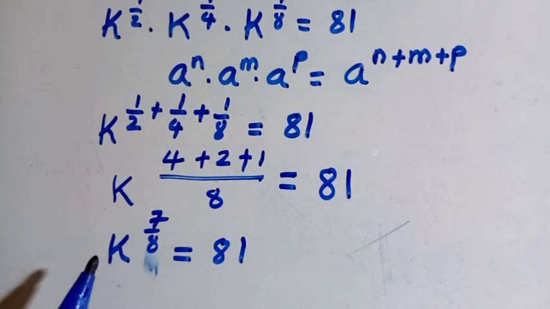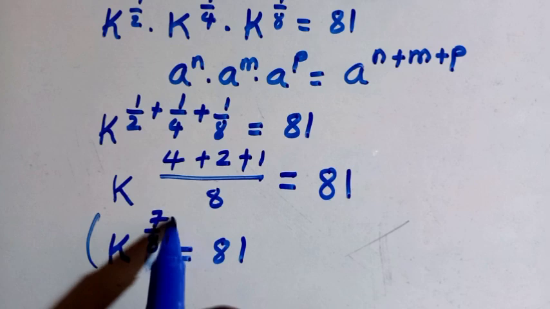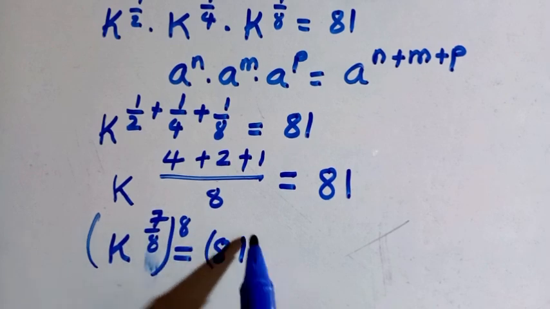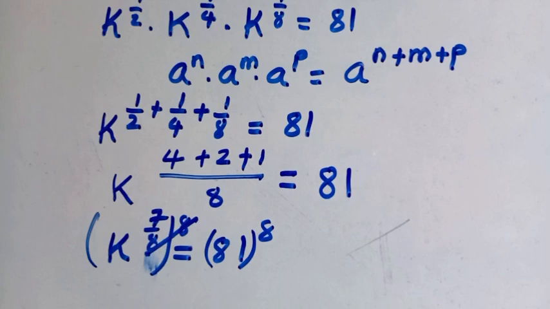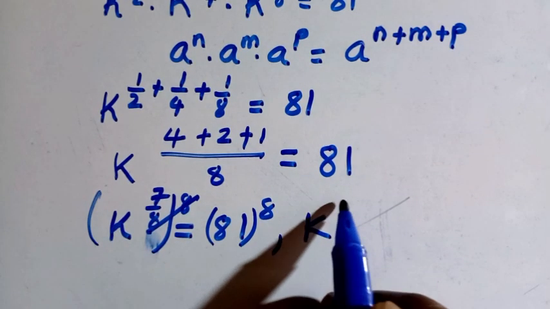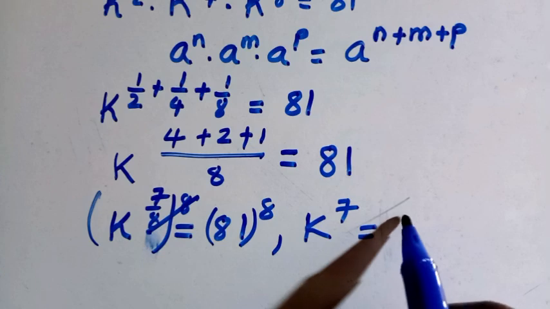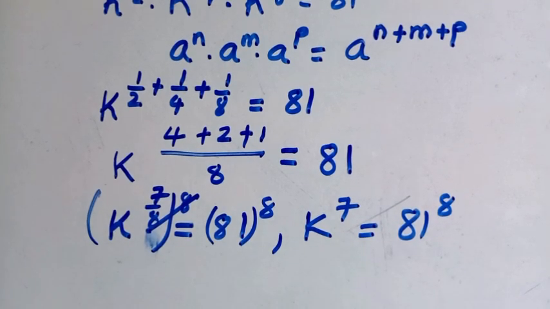To get the value of k from here, we raise both sides to power of 8, so the 8 cancels the 8, and we have k to the power 7 equals 81 raised to power of 8.